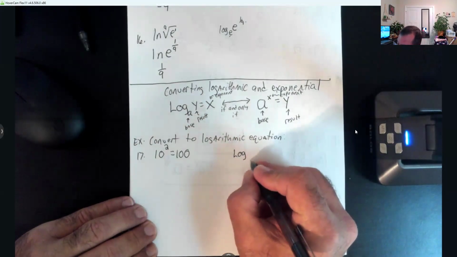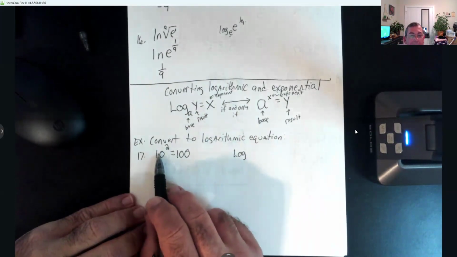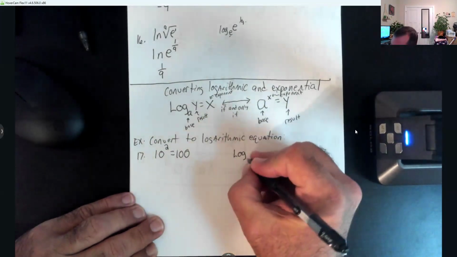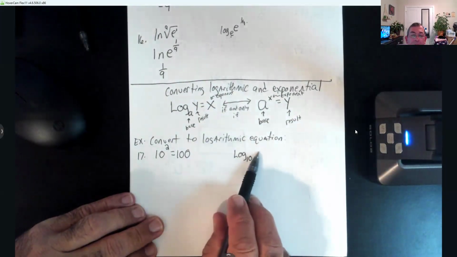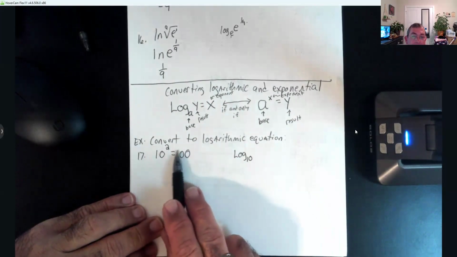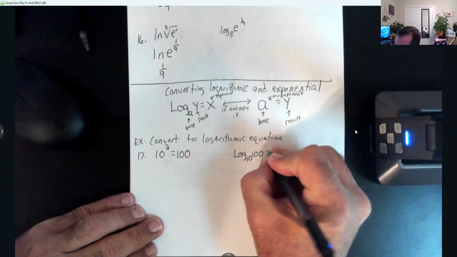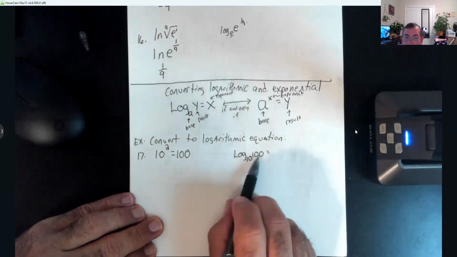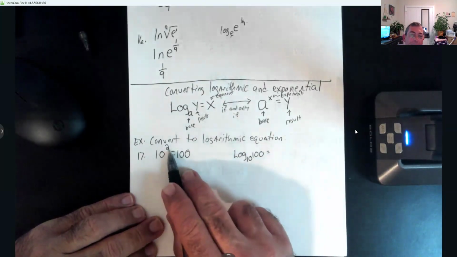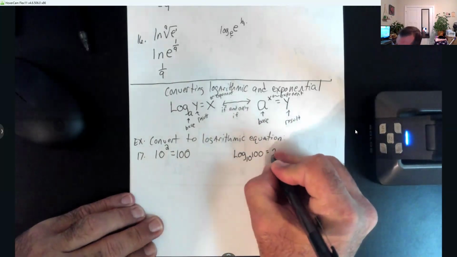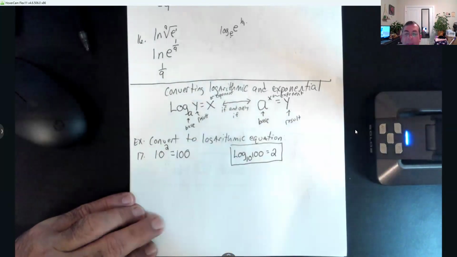Now, you'll use the little subscript. So what's the base of my log going to be? Well, the base is the same as the base of the exponential. So technically, your base is going to be a 10. The result is the result of the exponential, which will be 100. And log base 10 of 100, 10 to what exponent equals 100? Well, that would be that exponent of a 2. So y'all, you write it in logarithmic form and move on.